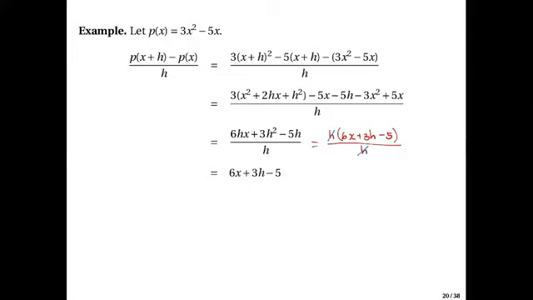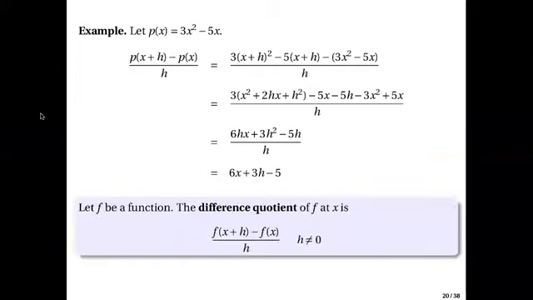Question. So, I presented this because this expression here has a special name. Let f be a function.